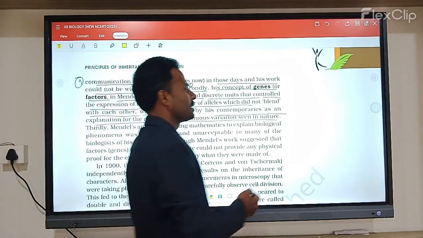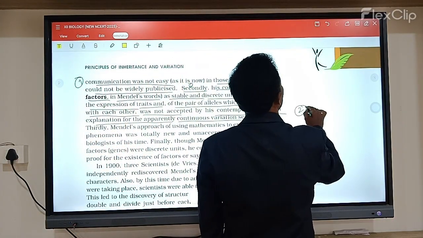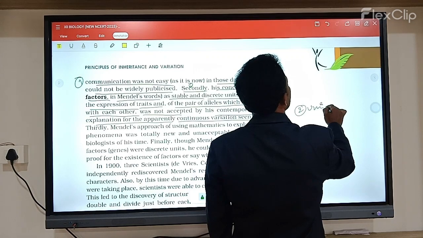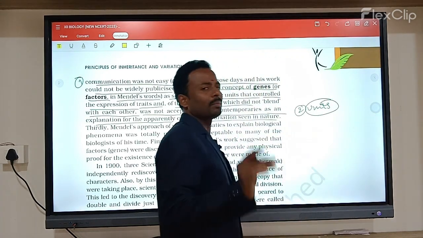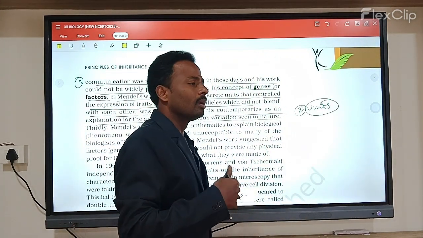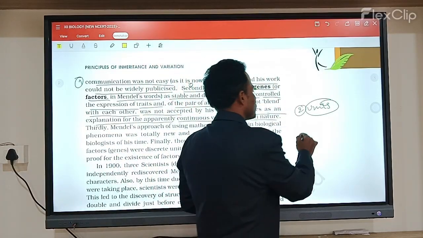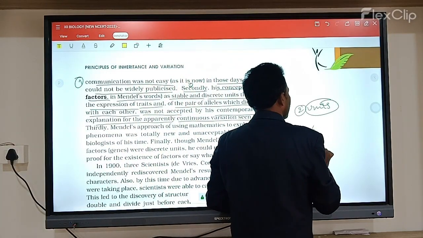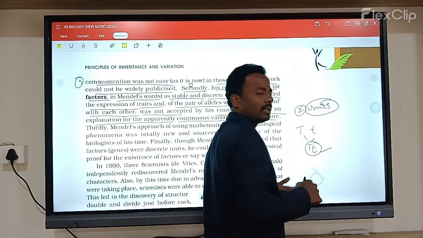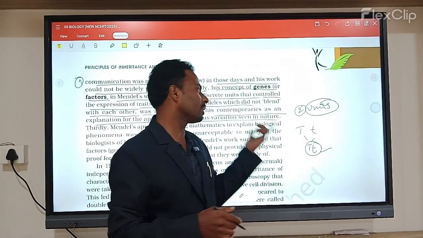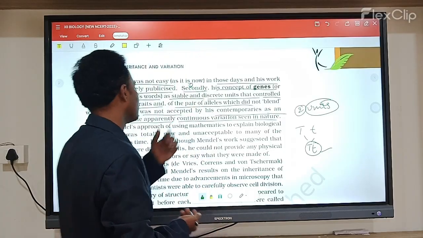So Mendel was saying that there are two contrasting units present, and these contrasting units do not blend in the F1 generation. But on the other side, this was not accepted. That is the second thing.